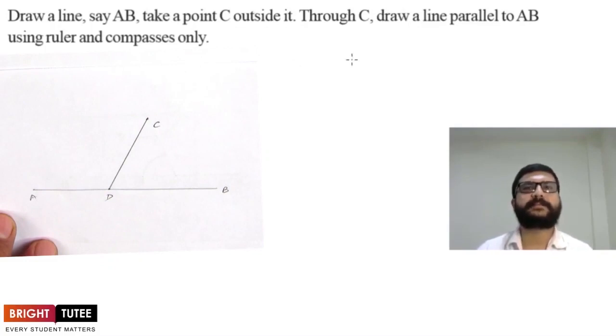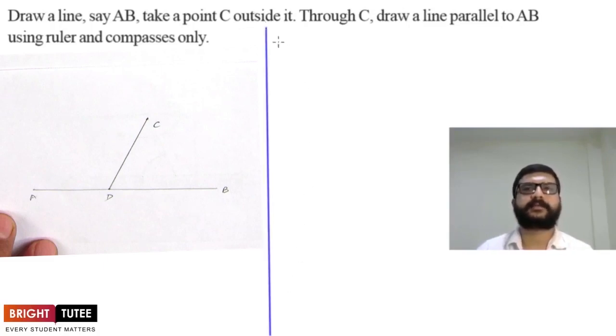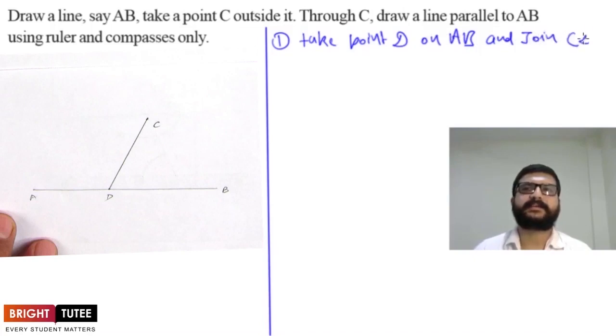Now side by side we will keep writing the steps of construction also. The first step is take point D on AB and join CD. This is what we have done here in the first step. Now what else we have to do?